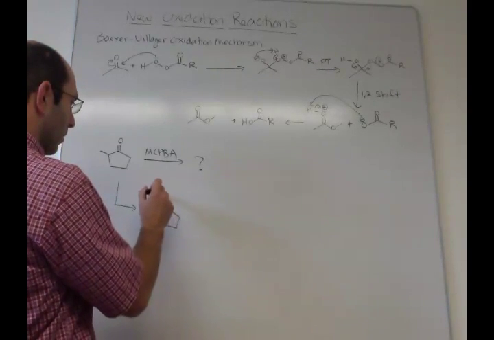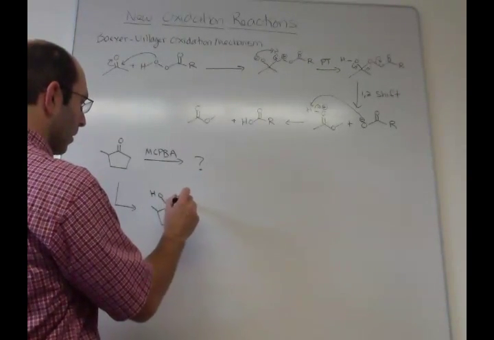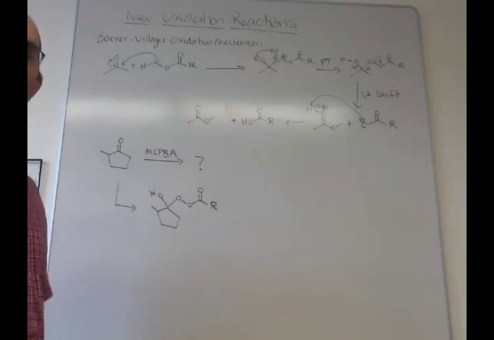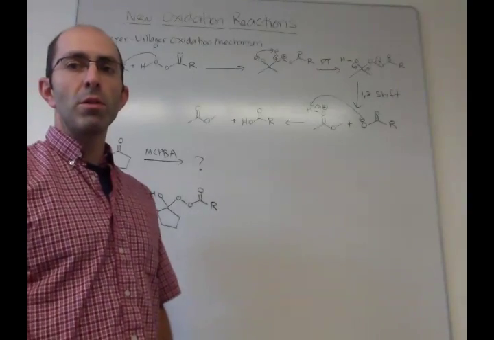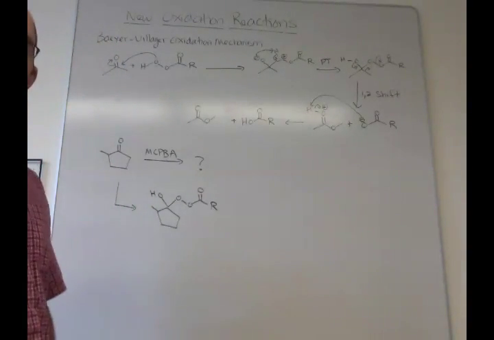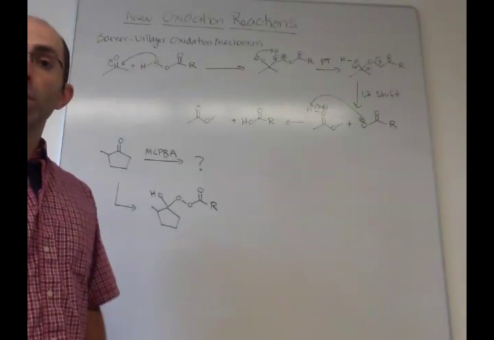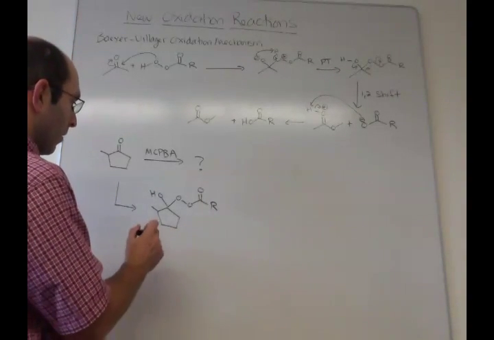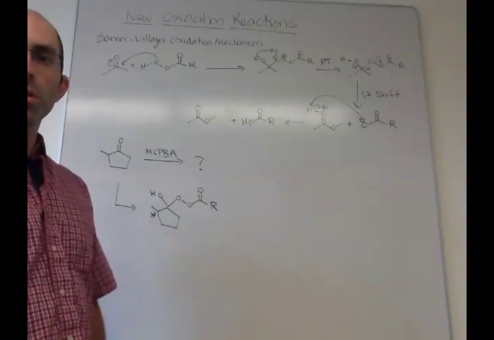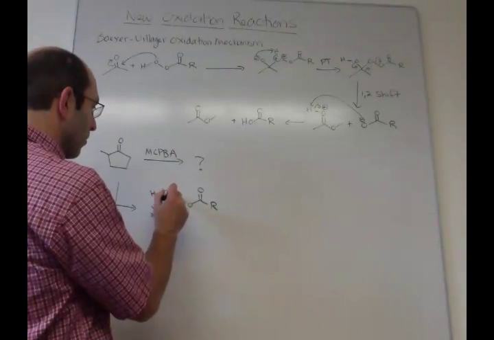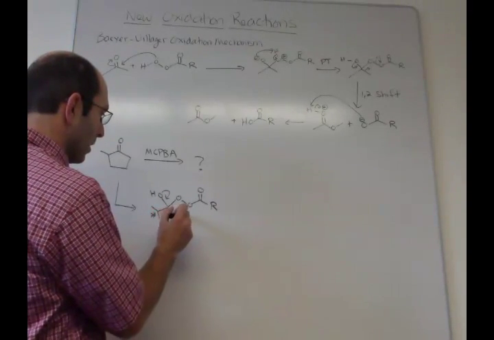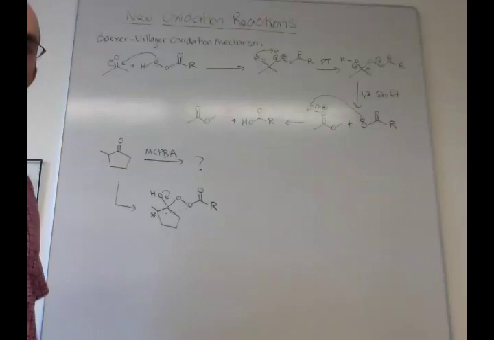So we're going to end up at an intermediate that looks like this after the per-acid adds to the ketone and we do a proton transfer. And again, we said that the more substituted carbon is going to make the ester. All right, so the more substituted position is over here. So that's the position that's going to migrate. So we're going to reform the carbonyl. The new bond we're going to make is going to be that bond.